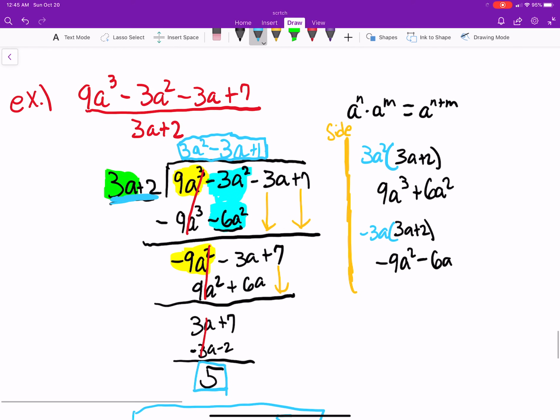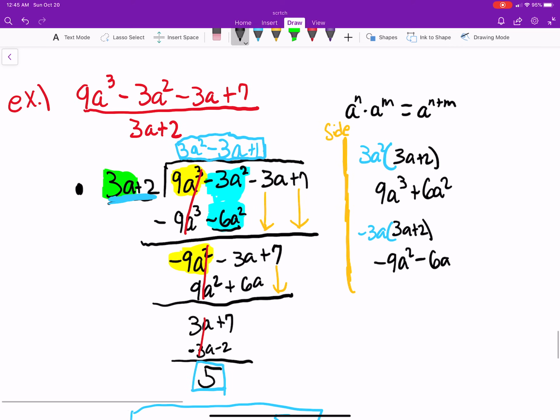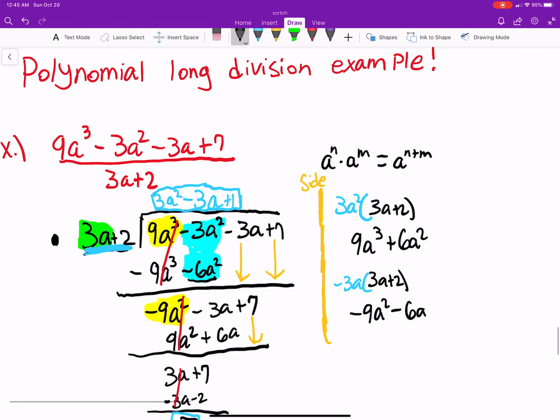So the way we do polynomial long division is we first rewrite it like this. And then just like with normal division, if we have 5 go into 25, we ask ourselves, how many times does this go into this? Well, 5, and then we subtract, right? It's the exact same thing. The only thing you want to keep in mind is now we're working with variables.